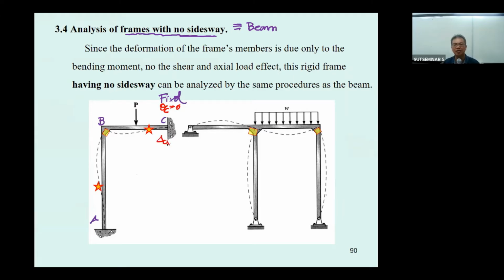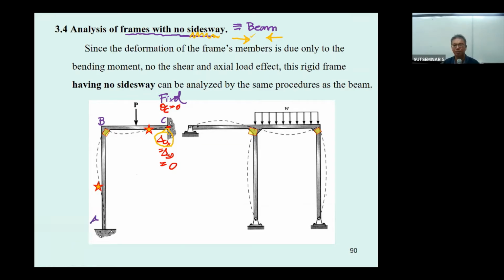The delta Cx equals delta Cy equals 0. There is no deformation. What is so-called sidesway is usually a linear displacement to the left or to the right. Based on this, you have delta sub Cx constant. So there is no sidesway if you have the fixed support.